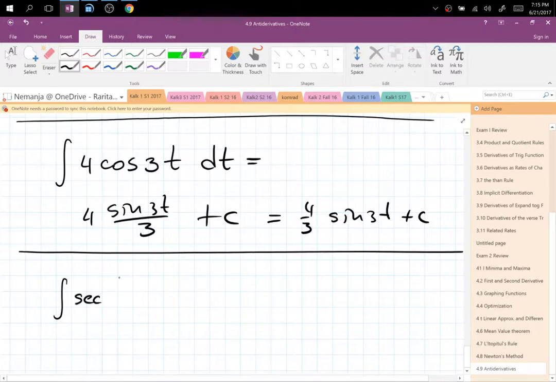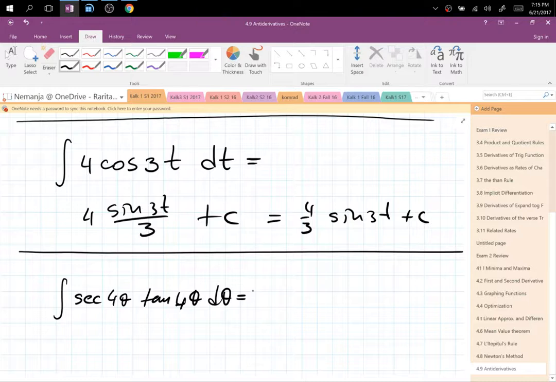So the integral of secant 4 theta tangent 4 theta d theta is what? Nice.